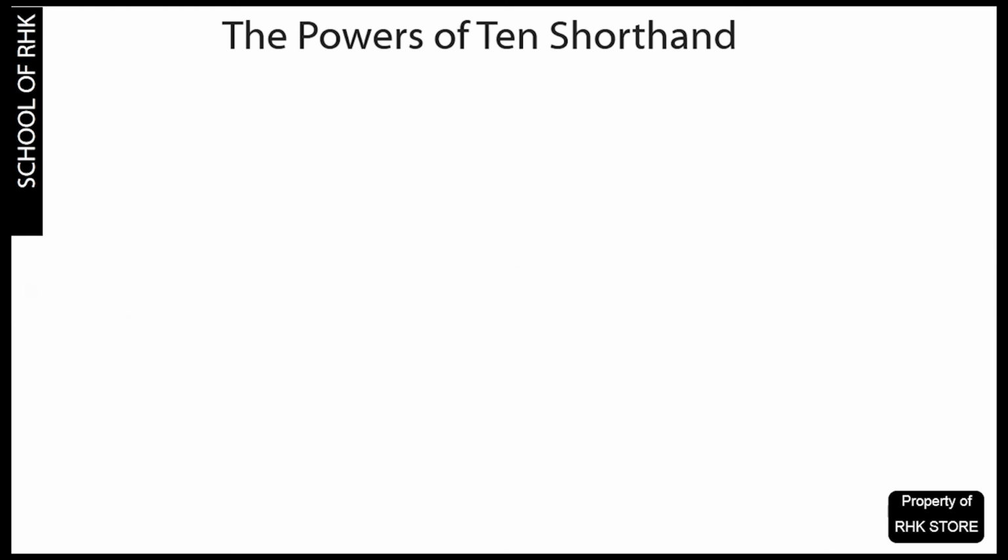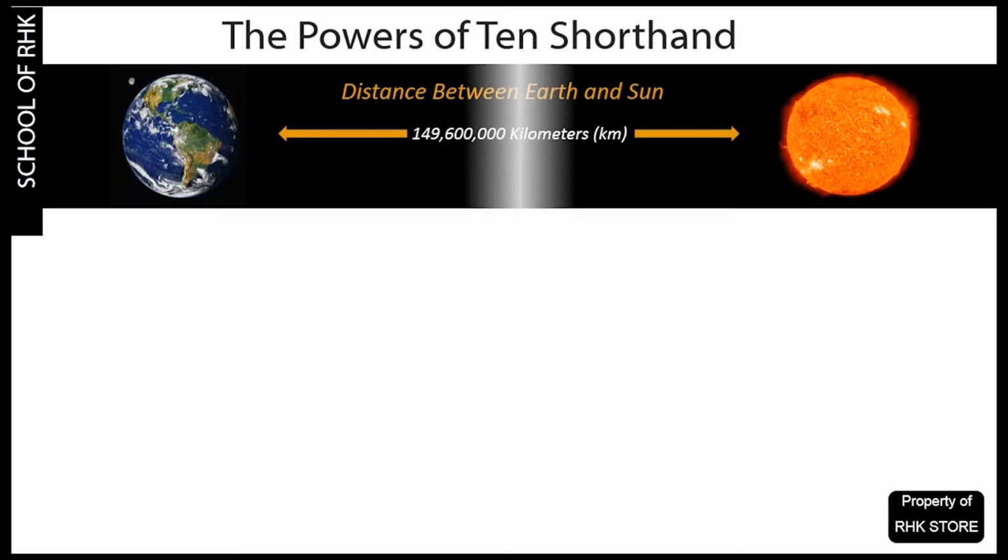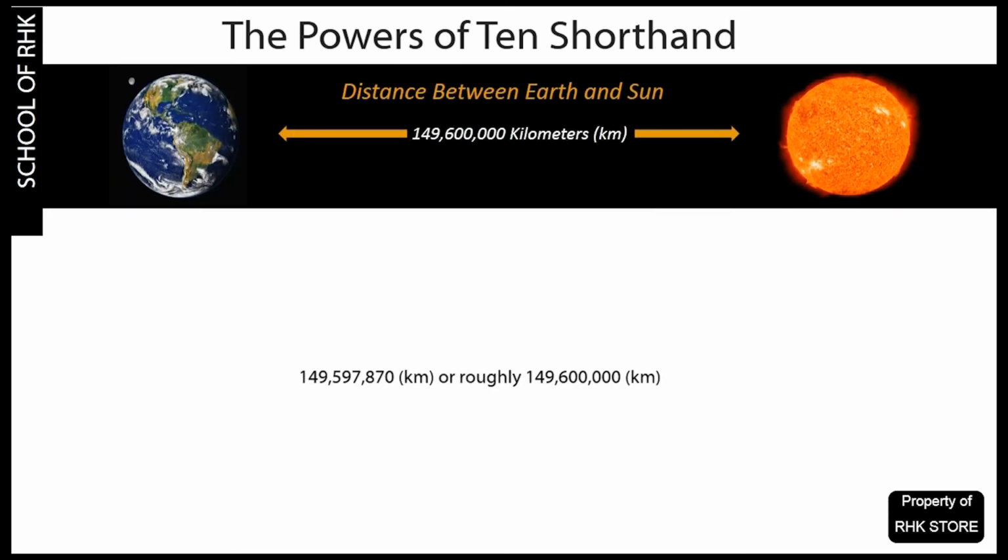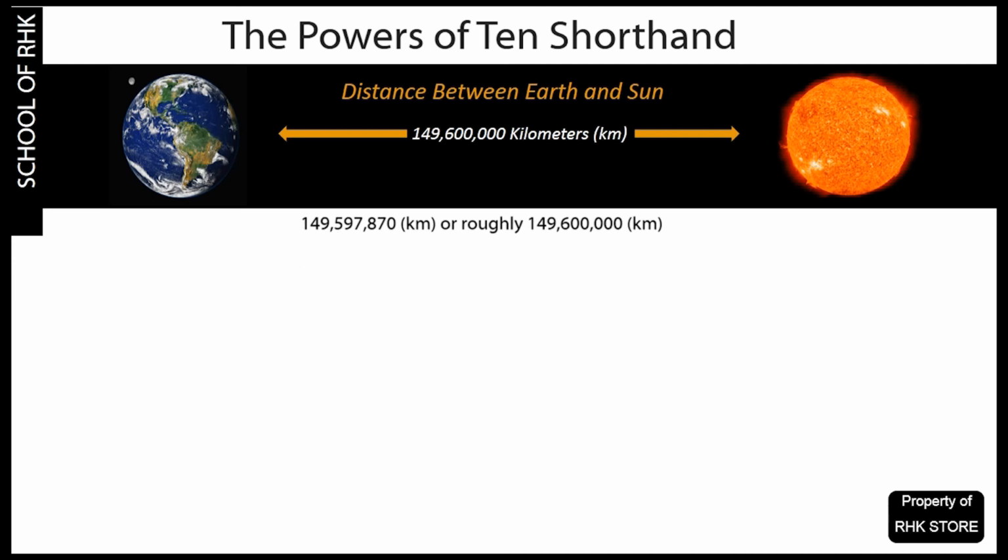Let us see an example of a large numeric value. The distance between the Earth and Sun is 149,597,870 kilometers, or to be roughly 149,600,000 kilometers.